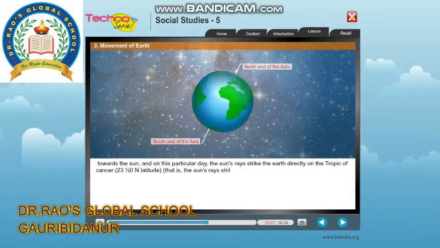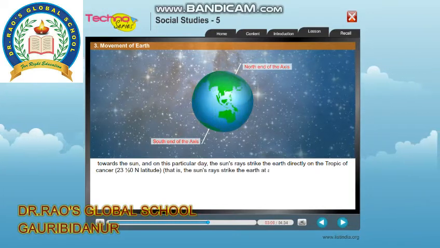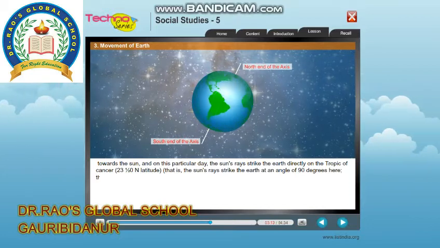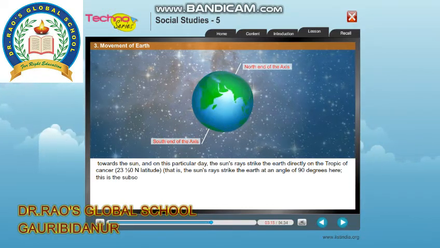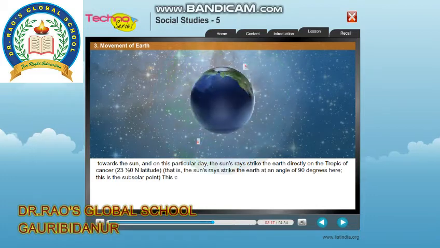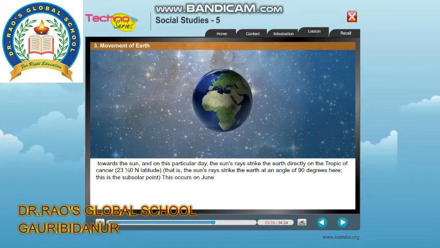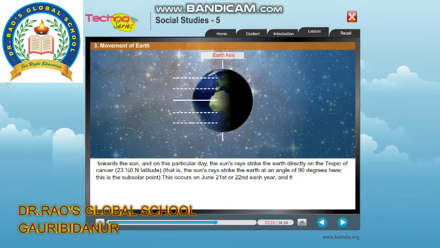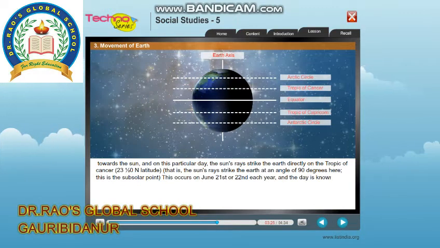That is, the sun's rays strike the Earth at an angle of 90 degrees here. This is the subsolar point. This occurs on June 21st or 22nd each year, and the day is known as the summer solstice.